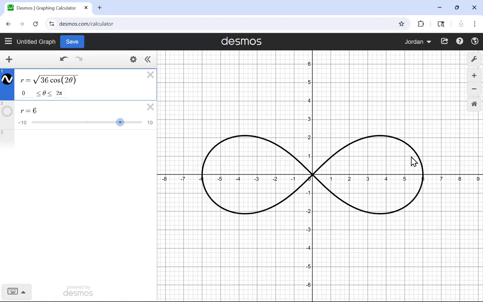By the way, this should remind you of the infinity symbol. And in fact, it is a graph that looks like the infinity symbol. 2 loops going over to 6 and back to -6 in this sort of figure 8 fashion.